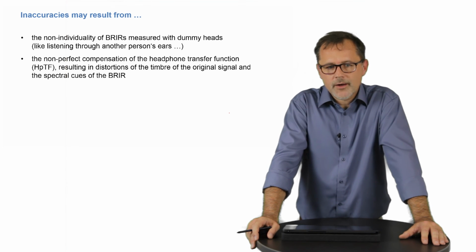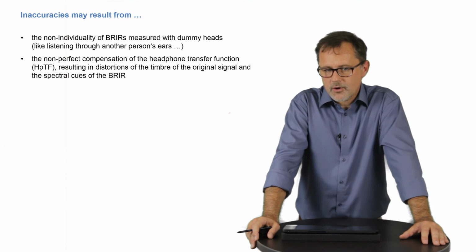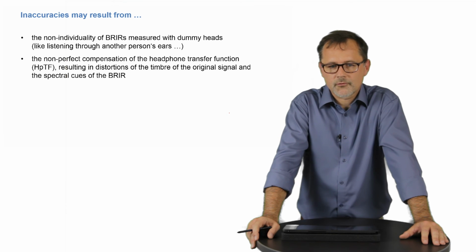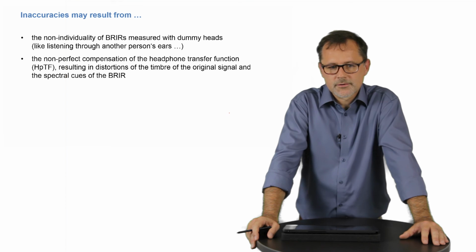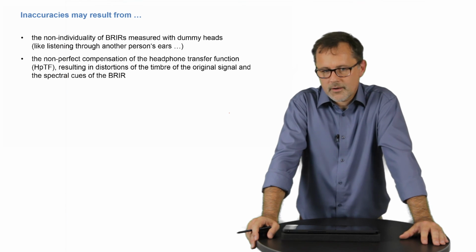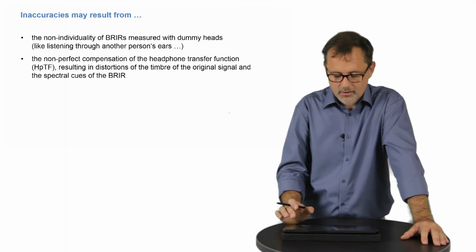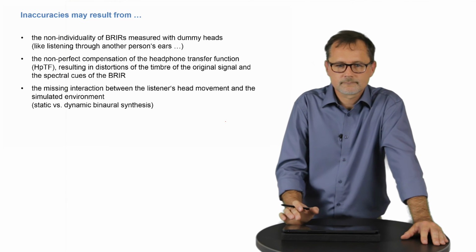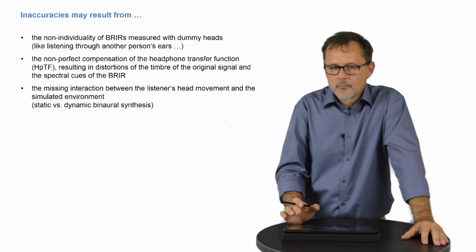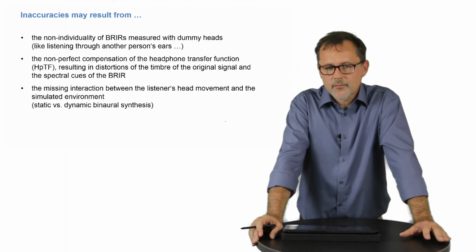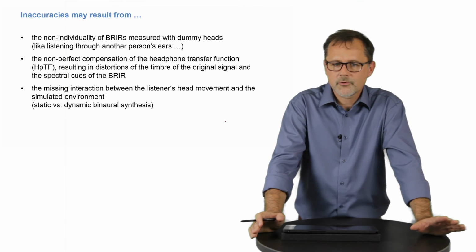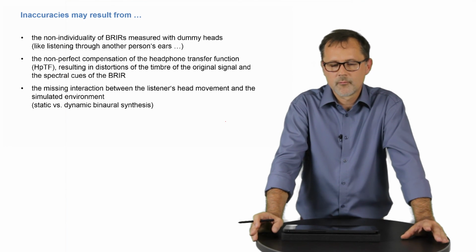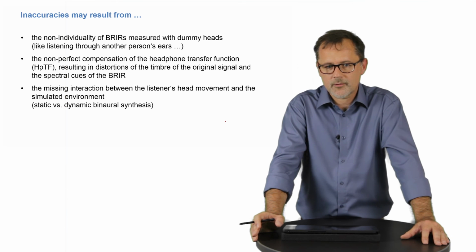And inaccuracies might arise from the imperfect compensation of the headphone transfer function, resulting in distortions of the timbre of the original signal and the spectral cues of the BRIR, and leading to a reduced accuracy of localization. A principal limitation arises from the fact that with the system as we have considered it so far, there is no interaction between the listener's head movement and the simulated environment.